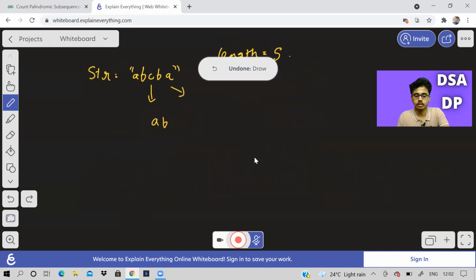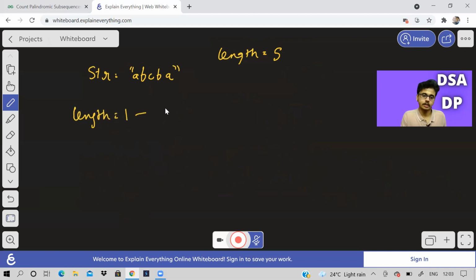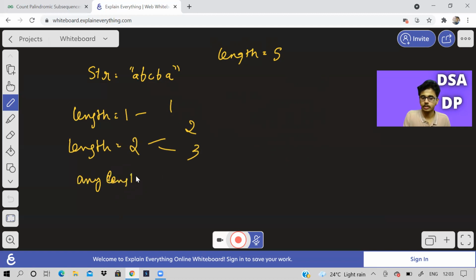Suppose the length is equal to 1, then we know how many are there? There is only one palindromic subsequence. If length is equal to 2, it can either be 2 or 3, depending upon if the first and last characters are same. For any other length, what we should do?